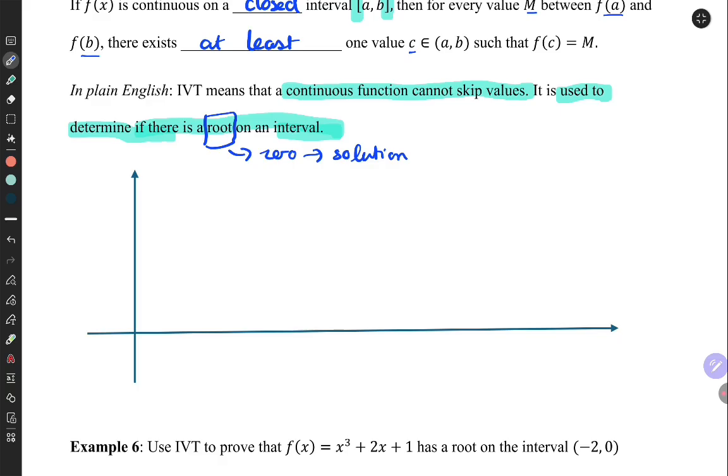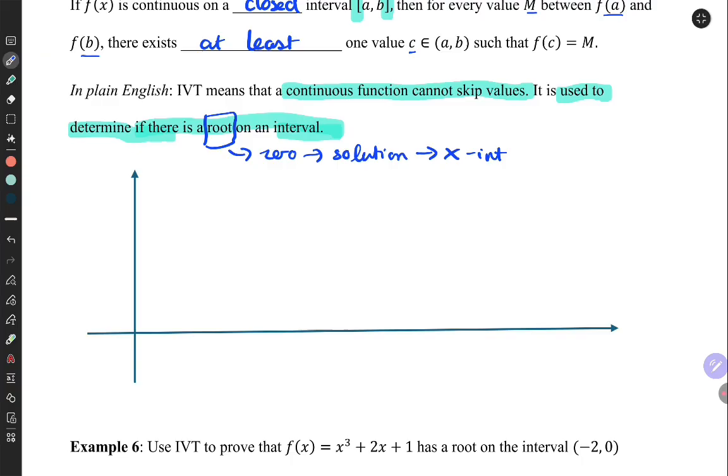But geometrically, there's one more name for a root: x-intercept. This is what I'm going to pay attention to. In other words, IVT determines there is an x-intercept. As long as your function cuts the x-axis somewhere in there, at one point, that point is your solution, right?